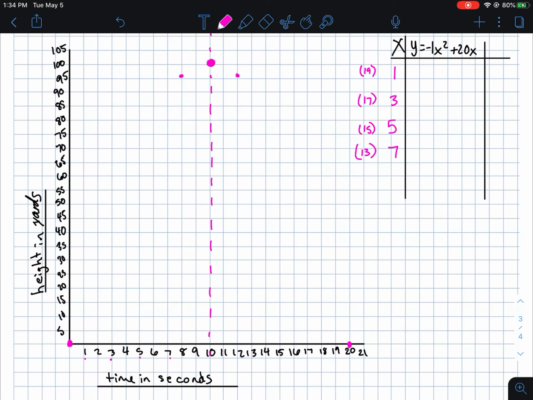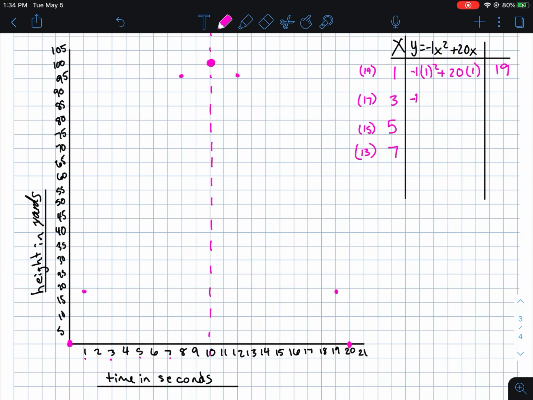And I already have my values of 8 and 12, so I pretty much have covered every point without doing every single point. All right, so when I plug this in, I'm going to get negative 1 plus 20, and negative 1 plus 20 is 19. So 1, 19, and 19, 19.